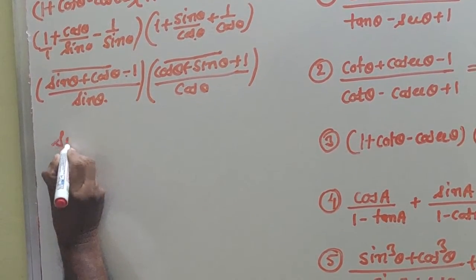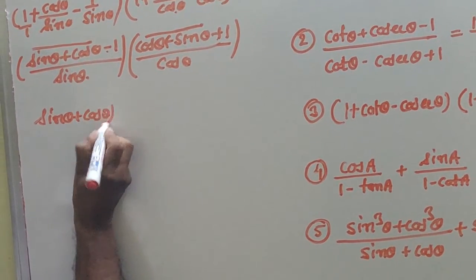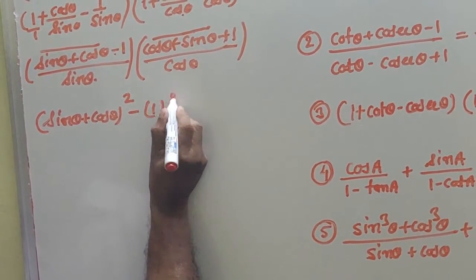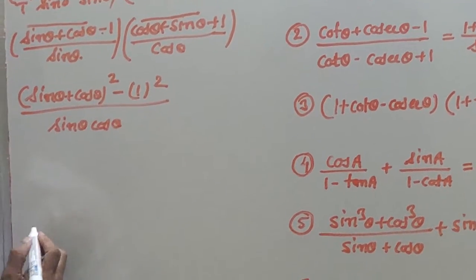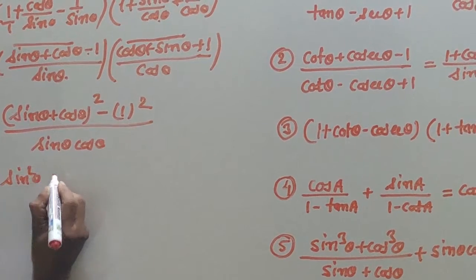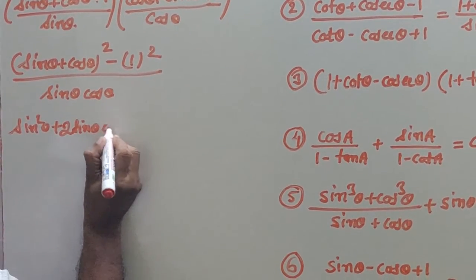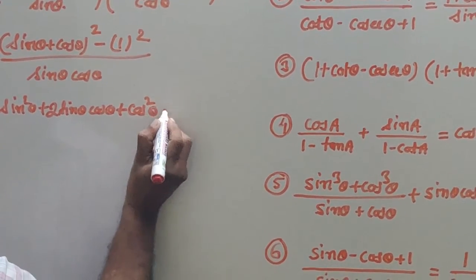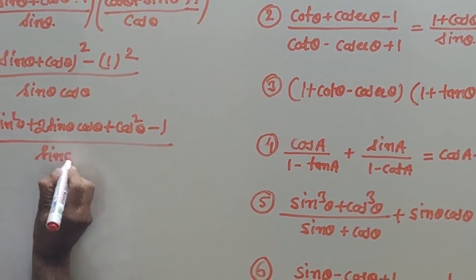So this can be written as (sin theta plus cos theta) the whole square minus 1 square upon, what will come here? And open this bracket by applying the identity. What will I get? Sin square theta plus 2 sin theta cos theta plus cos square theta, minus 1, upon sin theta cos theta.